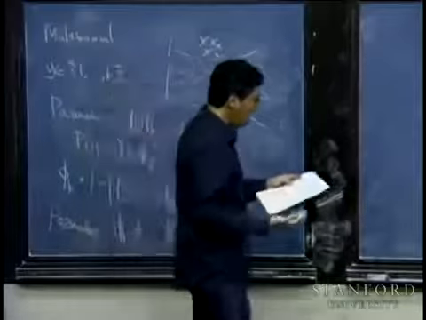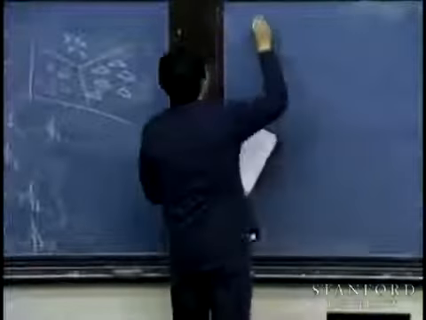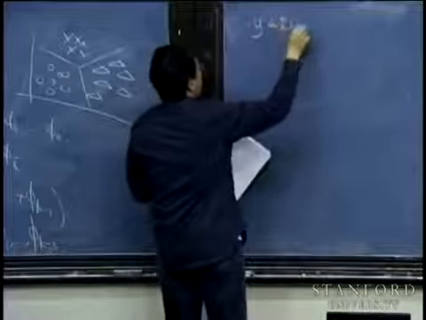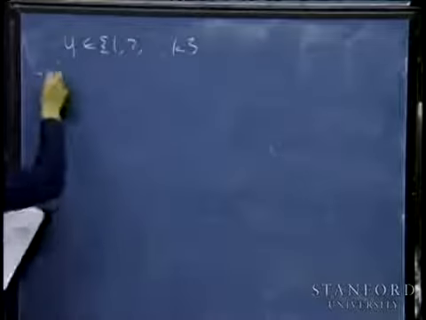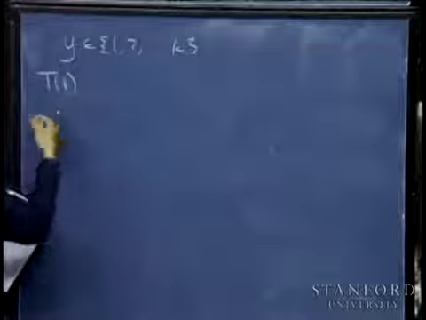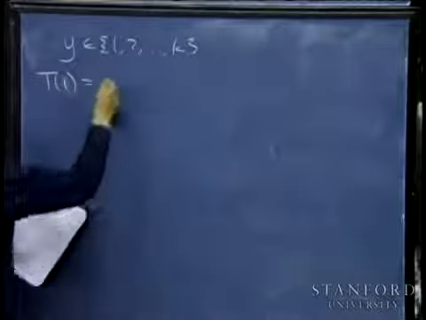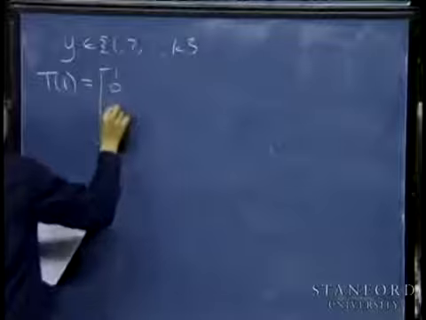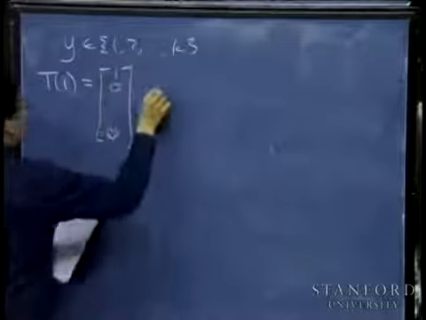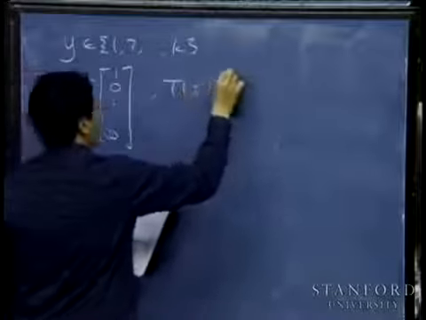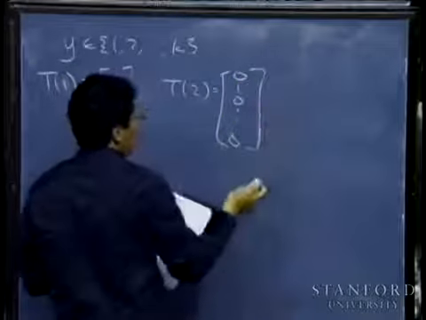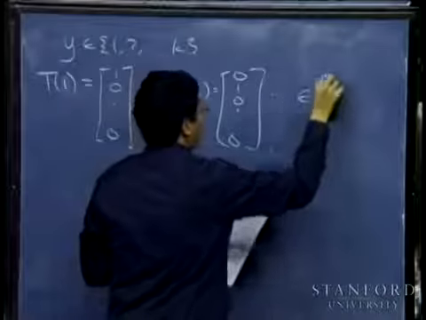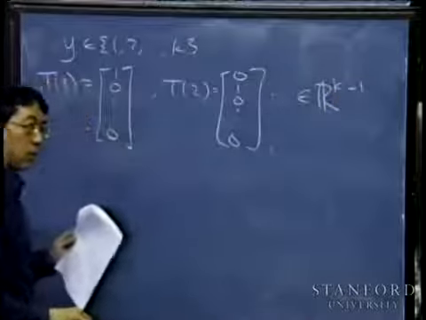So it turns out the multinomial is one of the few examples where t of y is not equal to y. So in this case, y is one of k possible values, and so t of y will be defined as follows: t of 1 is going to be a vector with a 1 and zeros everywhere else. T of 2 is going to be 0, 1, 0, and so on, except that these are going to be k minus 1 dimensional vectors.